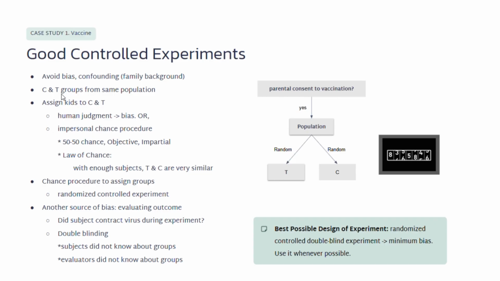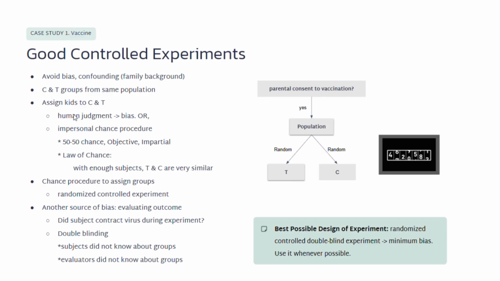We choose control and treatment groups from the same population. In the case of good design, the population will be the kids whose parents consented to the vaccination. You first filter your subjects based on the family consent, so the population is all the subjects whose parents consented to vaccination.